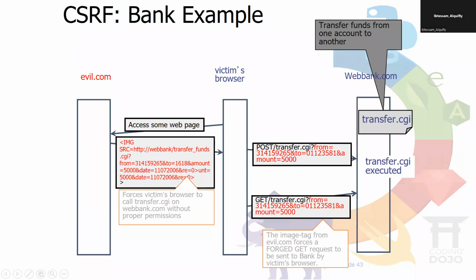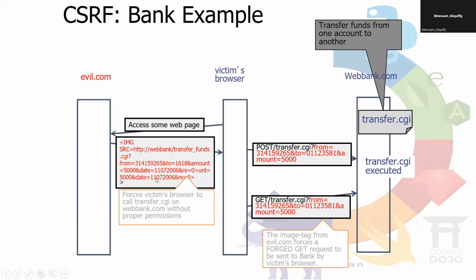You will transfer money normally. You will do a POST from this account to this account, and this is the amount, and it will be executed. But when you browse to evil.com, the image will be loaded, and the image will basically be saying, you know what, I'm going to move this amount from this specific account, which is your account, to the attacker's account.